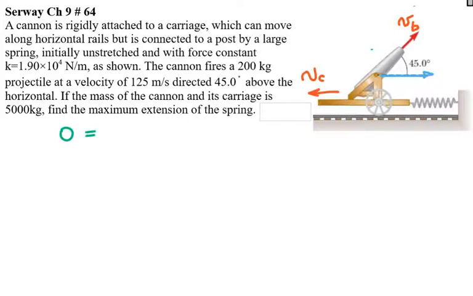And the momentum after, I have the mass of the cannon times the velocity of the cannon, plus the mass of the ball times the velocity of the ball, but I'm looking at the horizontal part, and the horizontal part is v of the ball cosine theta.